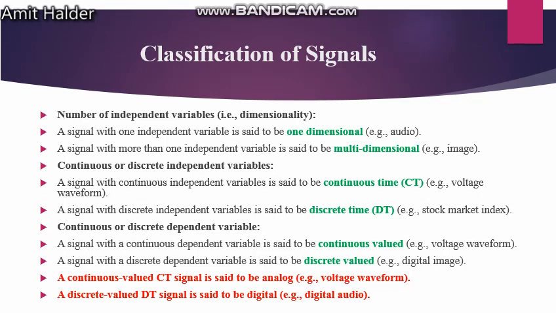The third point is the continuous or discrete dependent variable. A signal with a continuous dependent variable is said to be continuous valued. That means voltage waveform. And a signal with a discrete dependent variable is said to be discrete valued. That is similar to that. The voltage waveform, at each time you have a voltage on it.